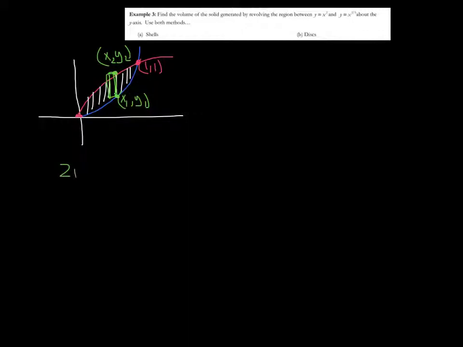So now we're going to use our shell method, and we're going to integrate. So it's going to be 2 pi, integrating from 0 to 1, and then, well, what is our radius? Remember, our radius is the distance from the axis you're rotating to the rectangle. Well, that's just going to be x. And then the height of the rectangle is going to be upper curve minus lower curve.